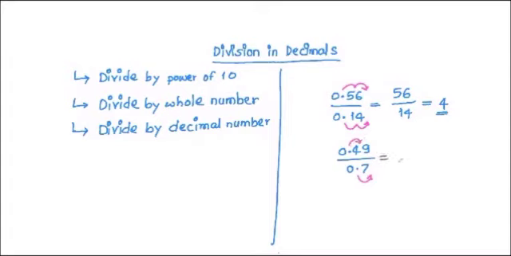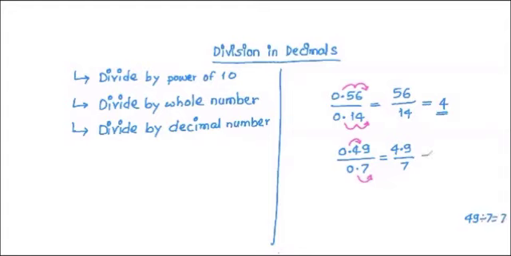So after moving these decimal points, what I get is 4.9 divided by 7. Now I have a decimal division by a whole number. In that, the first step is to ignore the decimal and perform the division. So 49 divided by 7 gives me 7, since 7 sevens are 49.